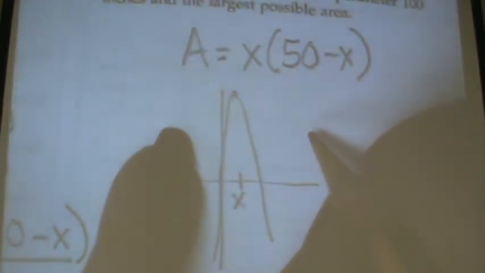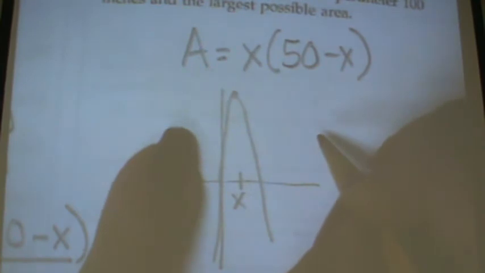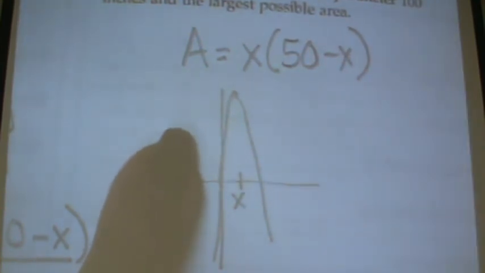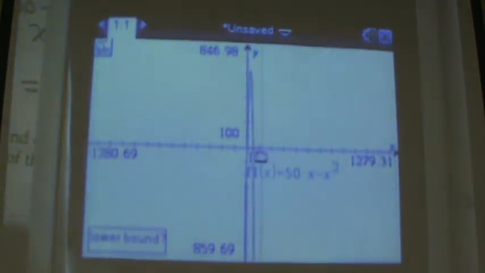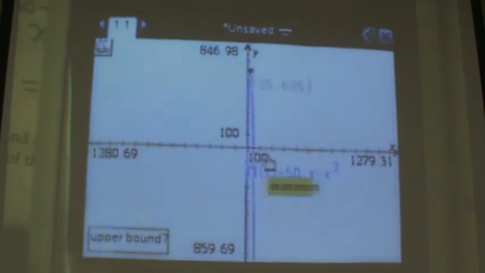So if you were to type menu, analyze graph, and we're going to look for the maximum because we're trying to maximize, and you maximize it, what do you get? You get 25. Right there.